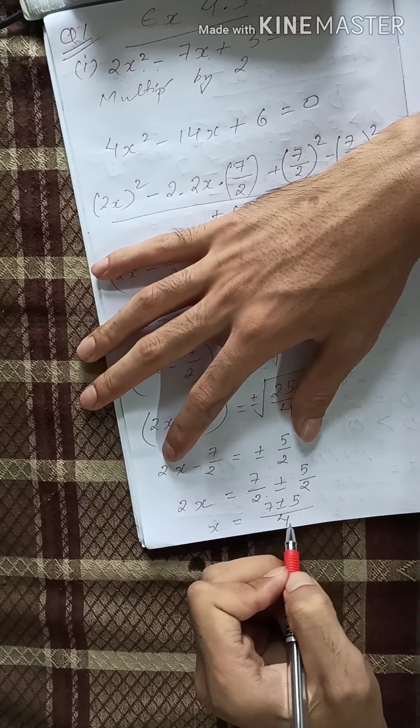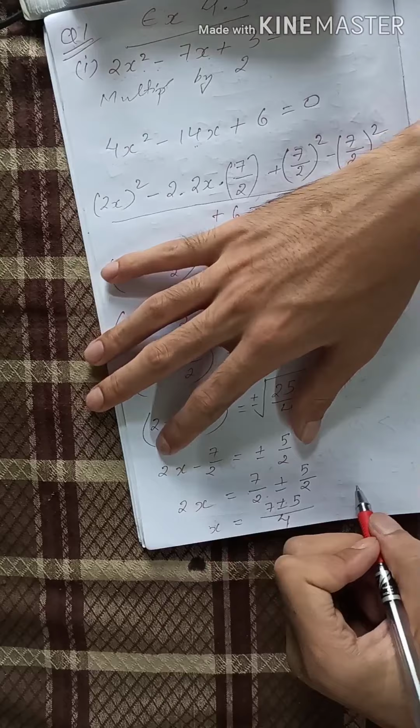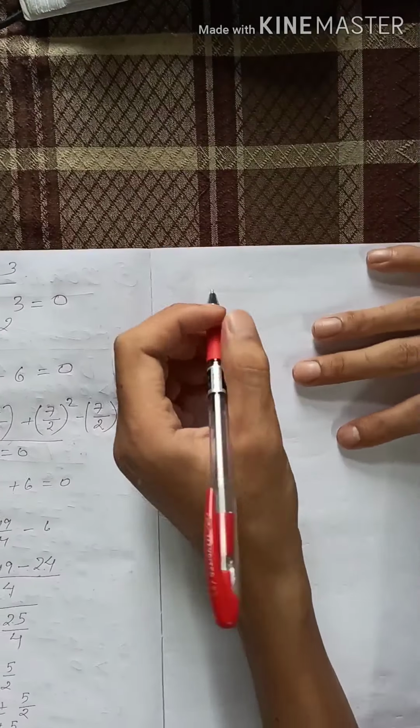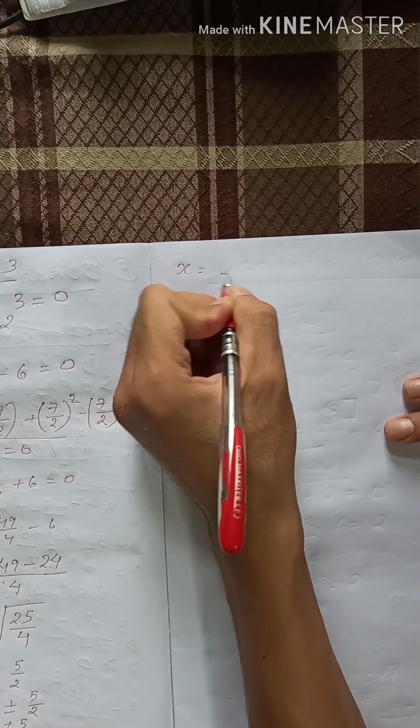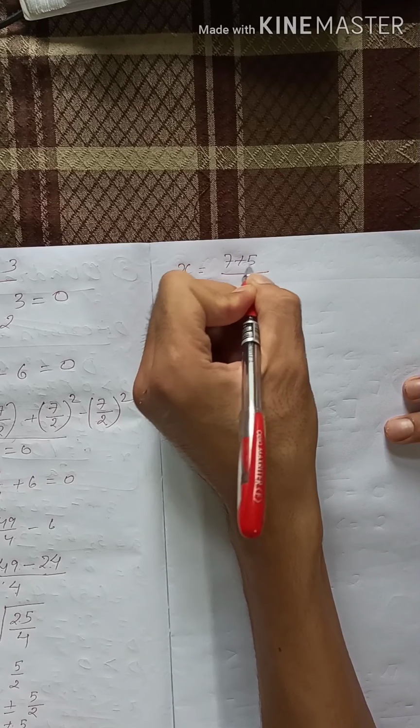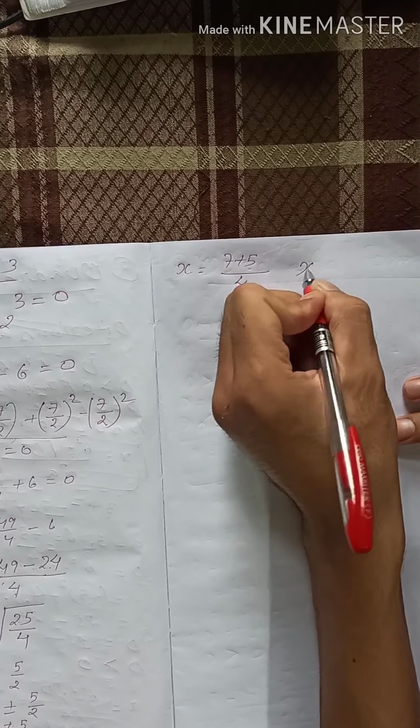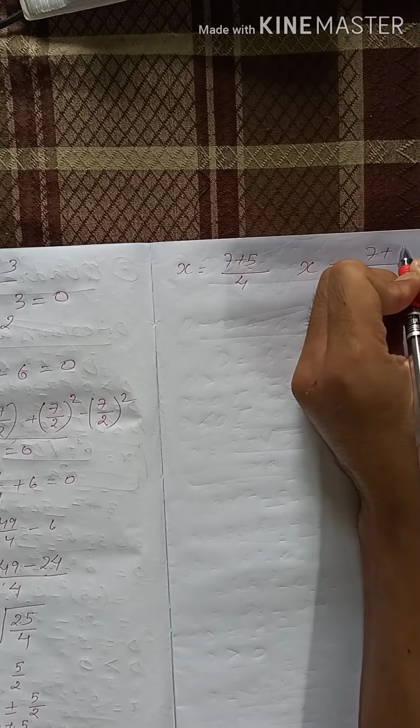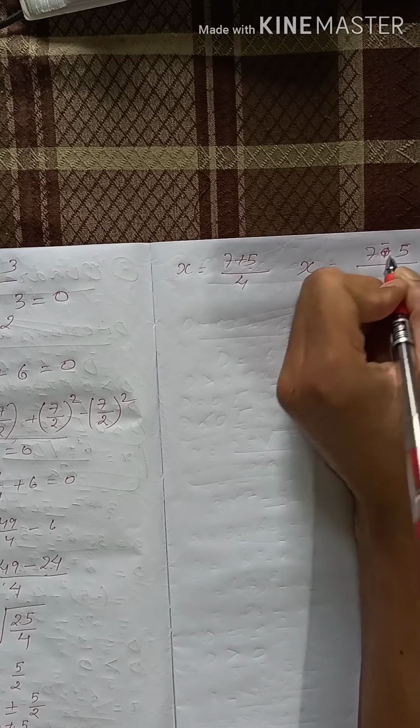If we shift this here, it will become 4 and plus minus 4. So we have two values of x. X equals to 7 plus 5 by 4, or x equals to 7 minus 5 by 4.